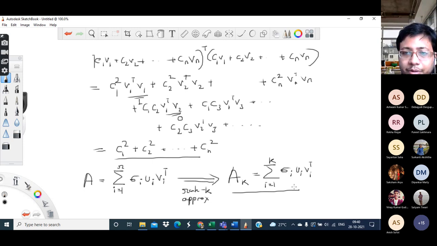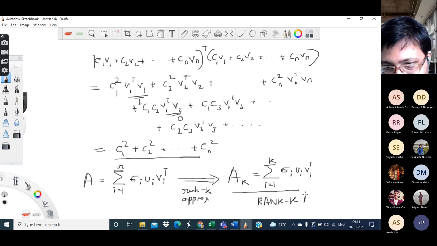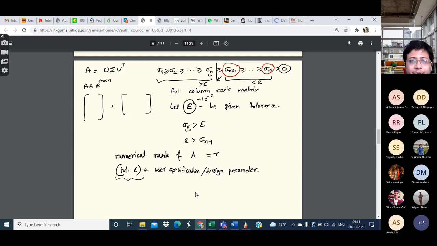This is what we had called the rank k approximation of matrix A. So now let us study a bit related to this low rank approximation of any given matrix.